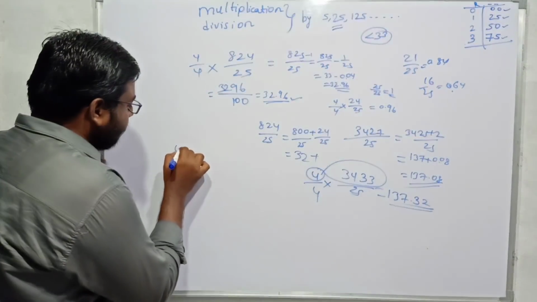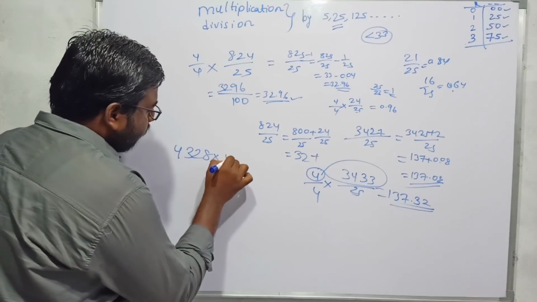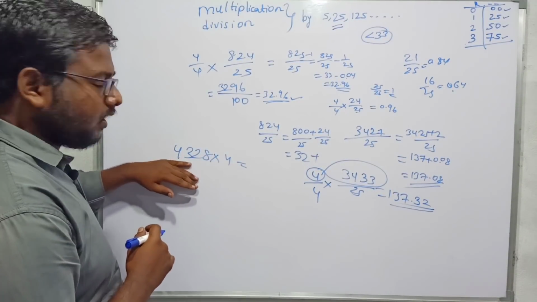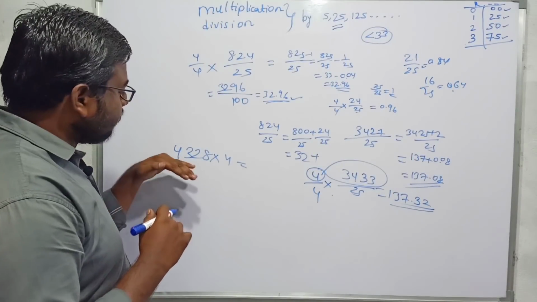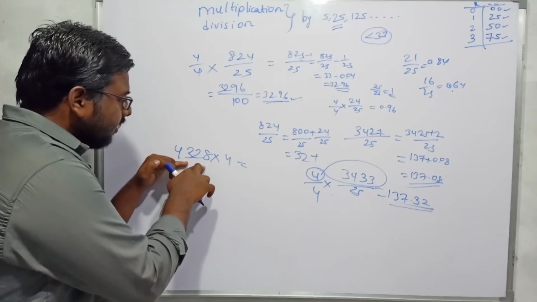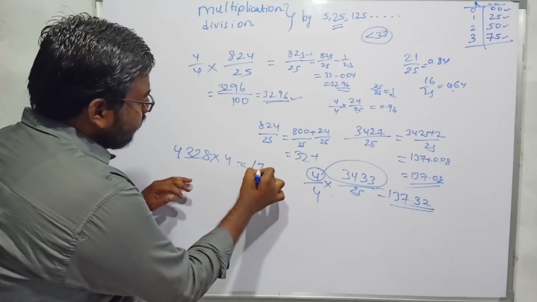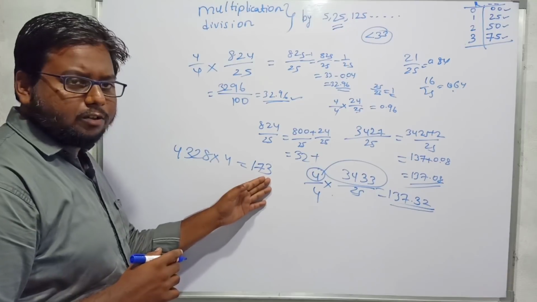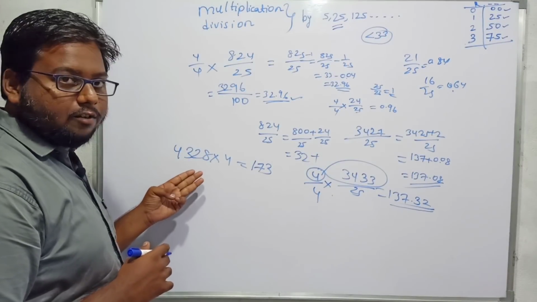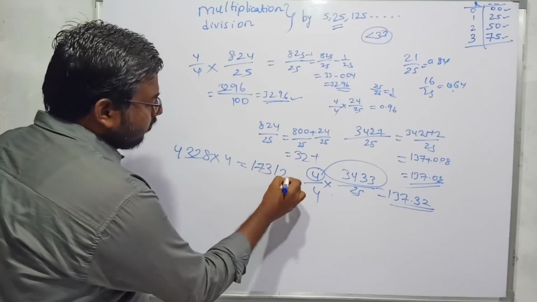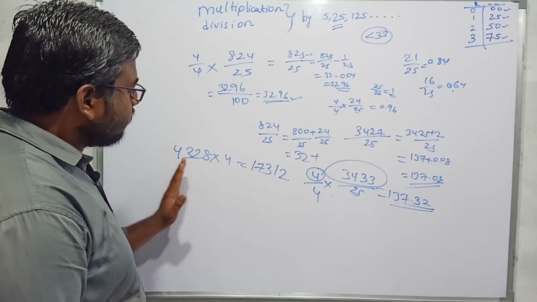For example, if I have to multiply 4328 into 4, what I will do is 43 into 4, 160 plus 12, 172, I will keep as it is, 173, and we don't need to keep the point because we are not dividing. And how much is there after 25, 3, so 4 3s are 12. We can keep as it is, 17312.